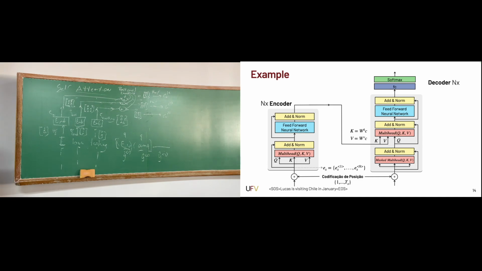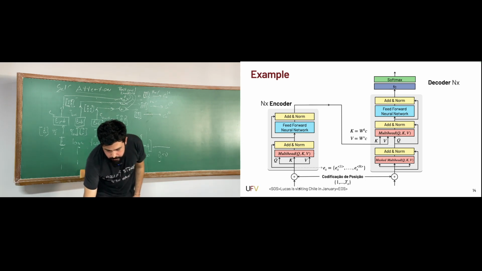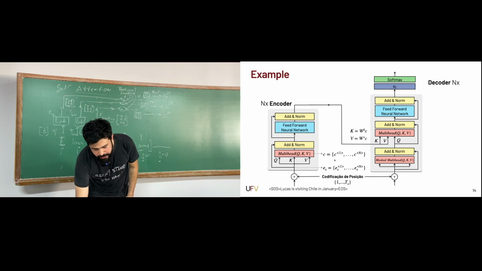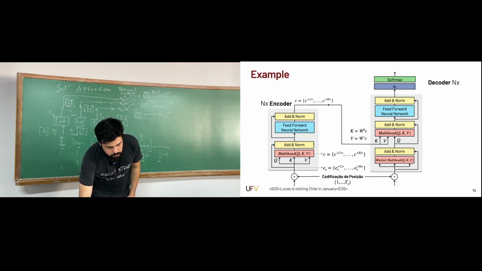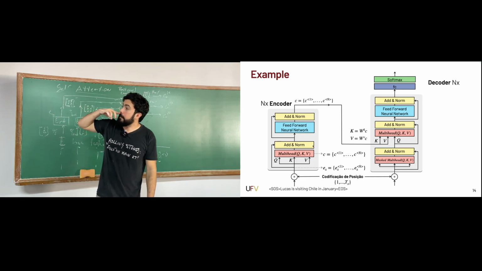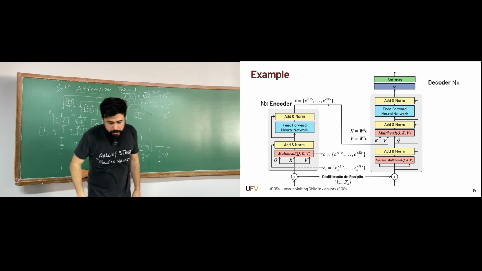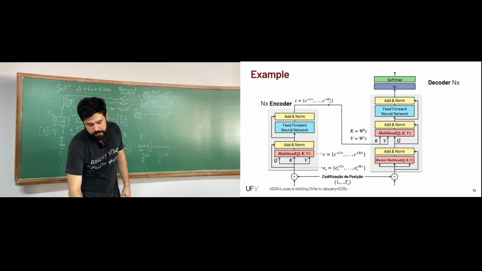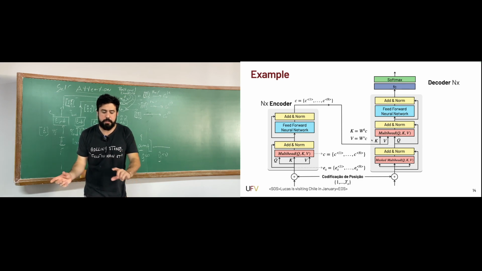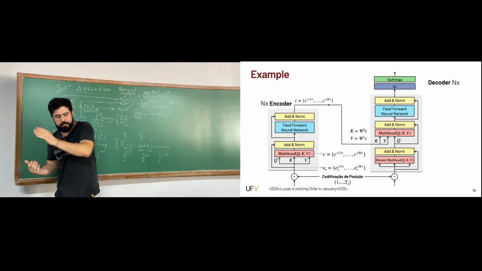Let me count it here. 1, 2, 3, 4, 5, 6, 7, 8. So 1 for each of these elements. Then I learn the contextual representations, 8 elements again. So everything here is going to keep that same dimensionality all the way up at the end. So then I have my Q and V matrices here that are now going to be multiplying the C vectors from the encoder.